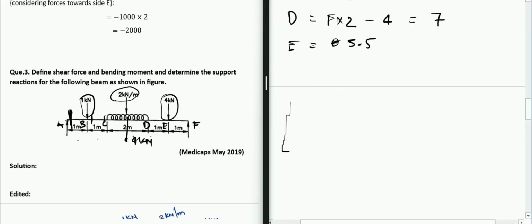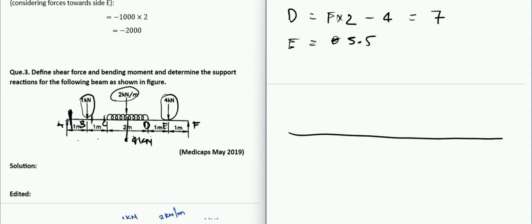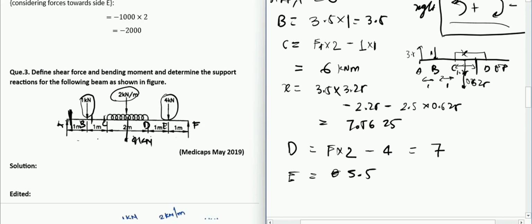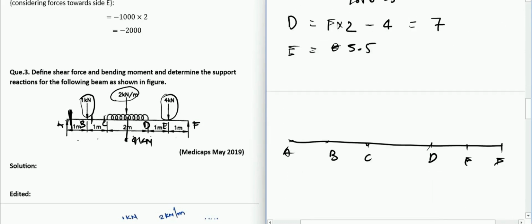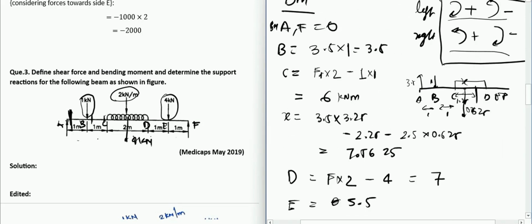So let us now make the bending moment diagram, as we have the bending moment at every point. Let us say this is A, B, C, D, E, F. At A you have a 0 bending moment, as you can see here. At B you have 3.5.